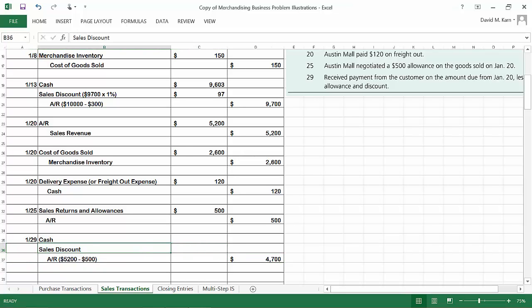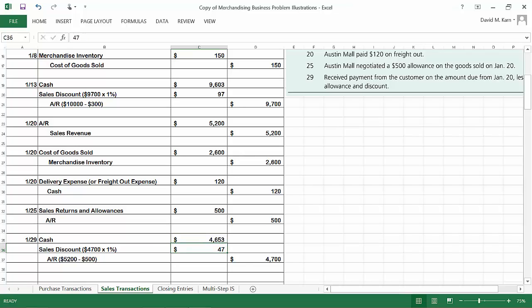Then we take the sales discount of 1% on that amount. So we have $4,700 times the 1% discount, and that is $47. To get the amount of cash we receive, we simply take the $4,700 minus the $47, so we know it's $4,653 that we're being paid in cash.